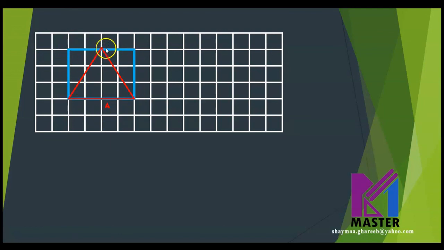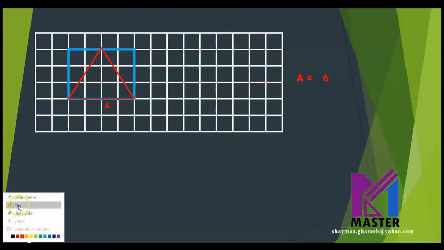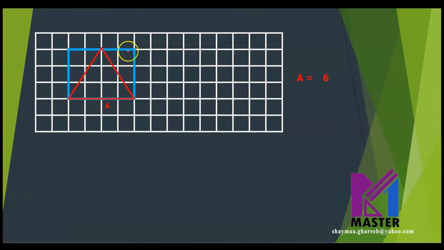Then the area of this triangle equals half the area of the rectangle. And the area of the rectangle here equals 12, 4 times 3, which is 12. Then the area of the triangle will be 6. What about the unit? 6 centimeters squared.